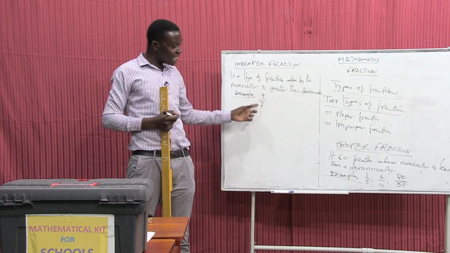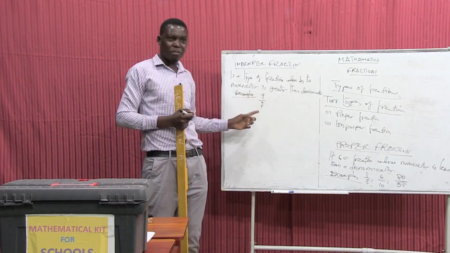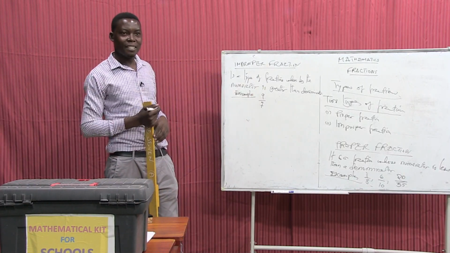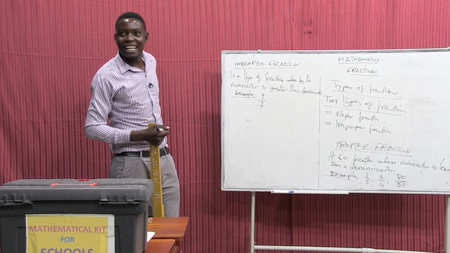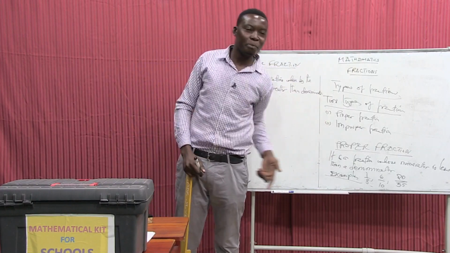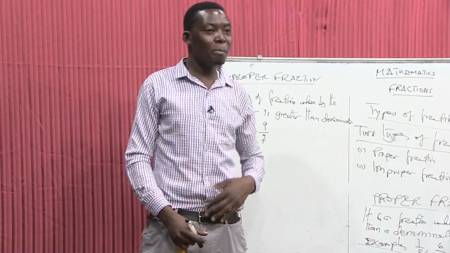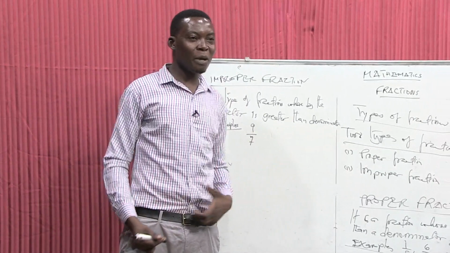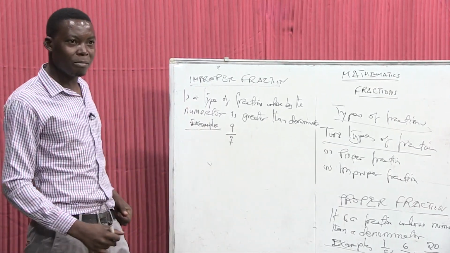Fraction is a part of something, but now it's 9 part of 7. How come? Are we together? If you come to school late, we say you are an improper pupil. Why? You are not following the school rules. You are not a good one. You don't deserve. 9 out of 7, how come?